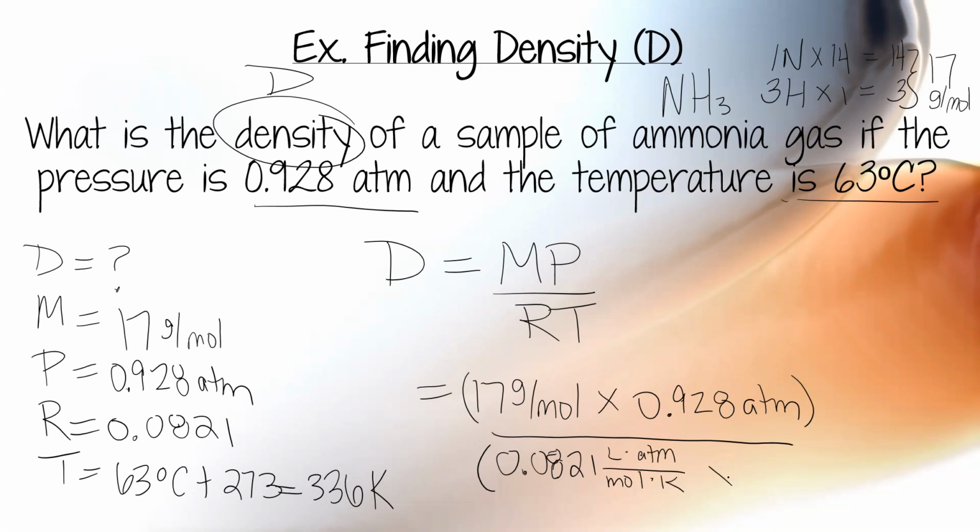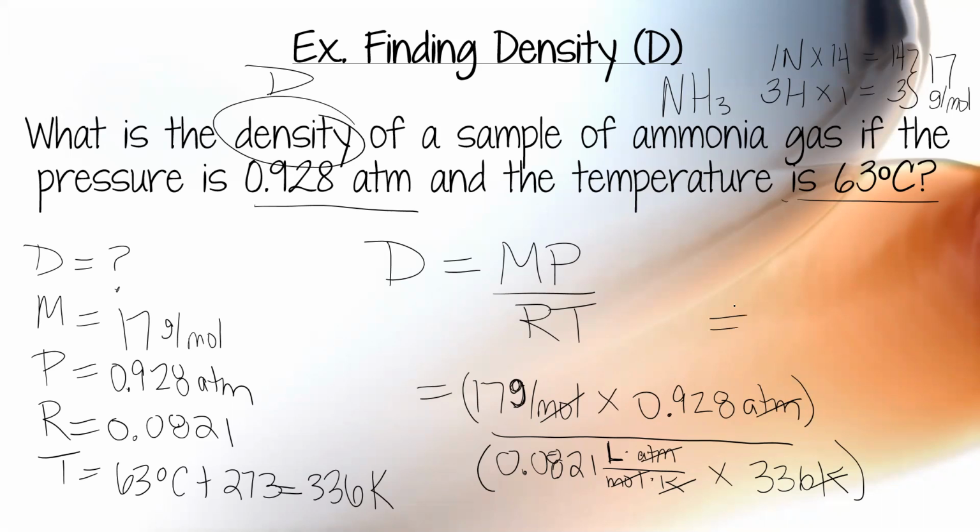Okay, I just want to throw that in there so you can kind of see where we're at. Okay, so if you were trying to figure out units, those cancel, and those cancel. You're going to be left with grams divided by liters. What is density? Mass over volume. So the units make sense. Okay, just so you understand where I'm getting the units from.